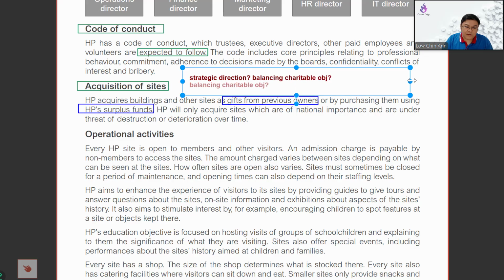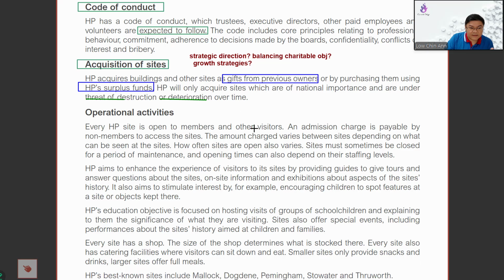So how you want to run commercial activities, at the same time you want to rely on donation, your growth strategy, how you would like to expand by having more and more sites. Okay, they will only acquire sites which are of national importance and are under threat of destruction or deterioration over time. So these are how they evaluate why they want to acquire. So the question will be, do you think they should deviate from this policy?